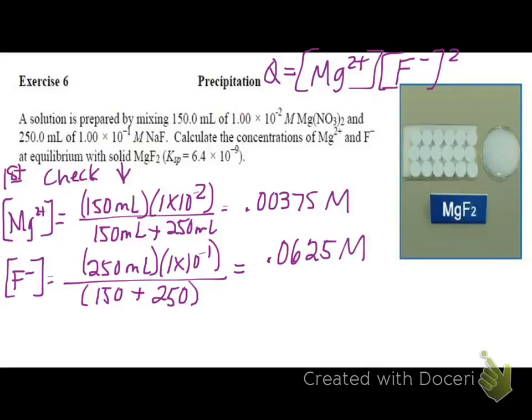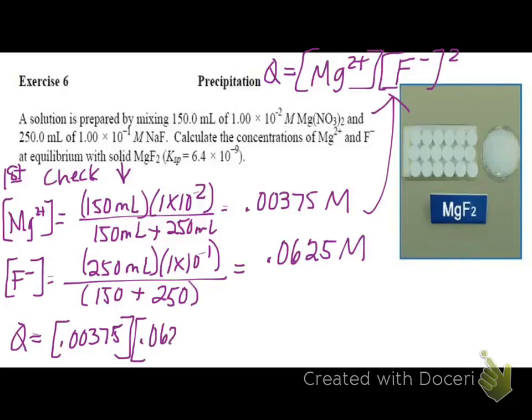So now we plug those values in here. So Q is going to be equal to 0.00375 times 0.0625 to the second power. So then that is equal to 1.46 times 10 to the negative 5.